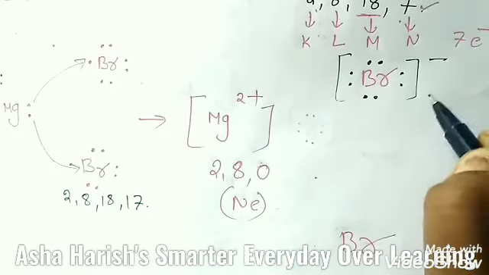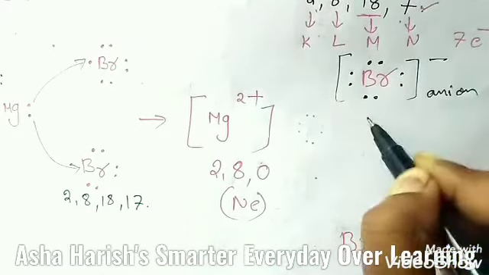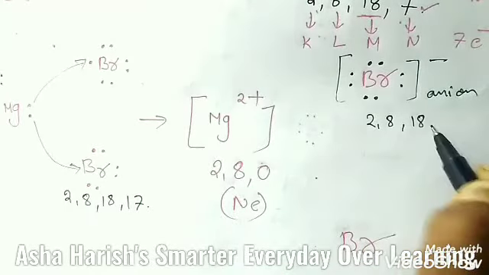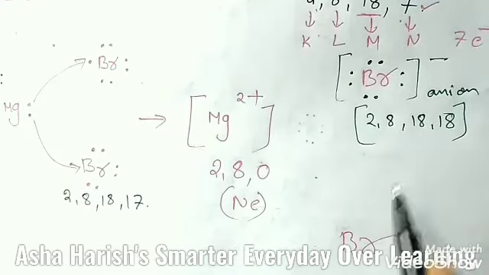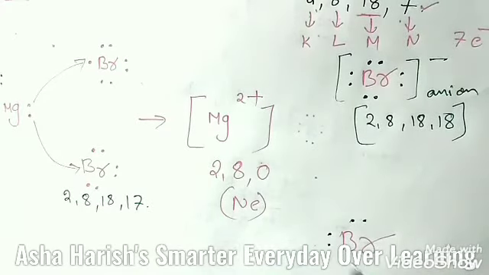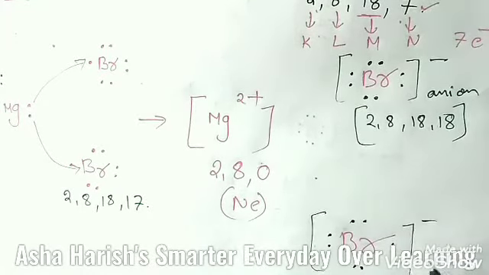Br minus ion can be formed. This is an anion. 2, 8, 18 and 8. The configuration should be like this. And here also around the bromine atom there are 8 electrons. This is an anion, minus.